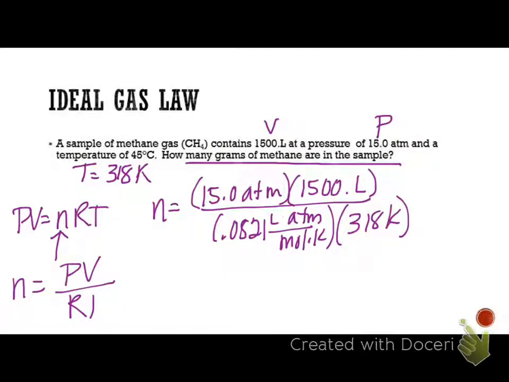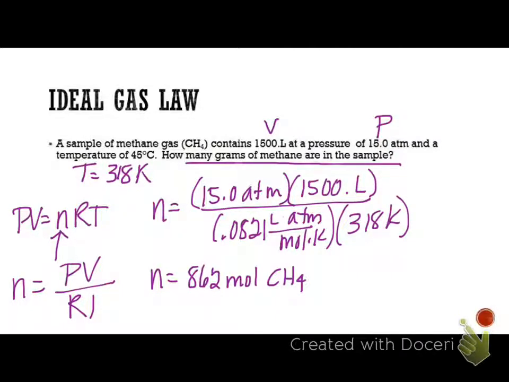Remember on the bottom to make sure you put parentheses around the whole thing, or use that N over D key. Okay, and then my number of moles ends up being, which is quite a bit, because if you look how much volume I have, 1,500 liters is a lot of gas, and so my number of moles ends up being 862 moles, and this of course was methane, CH4.